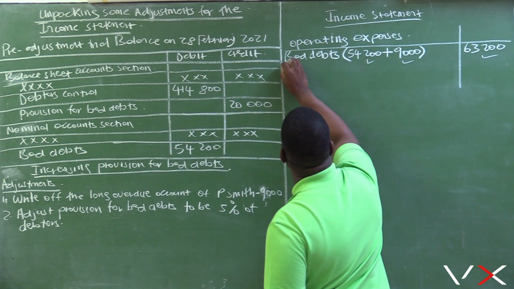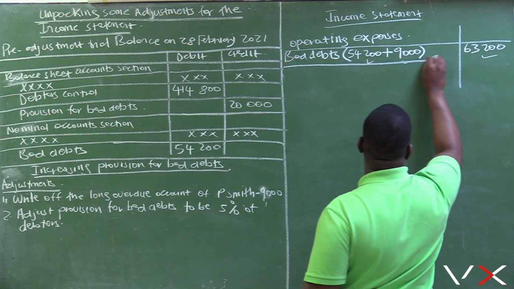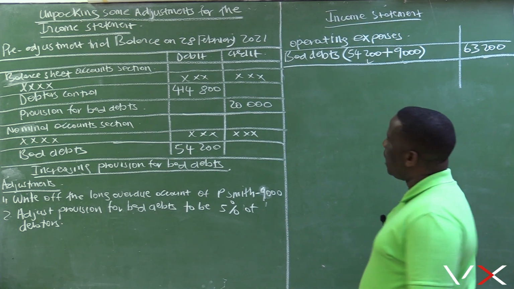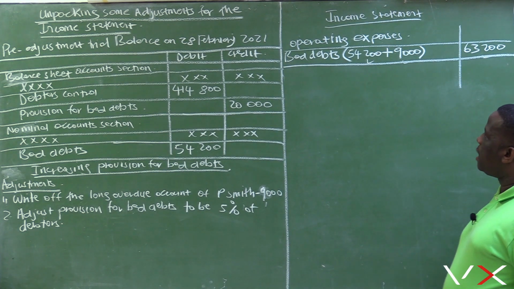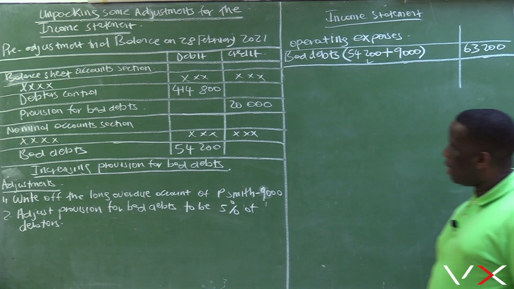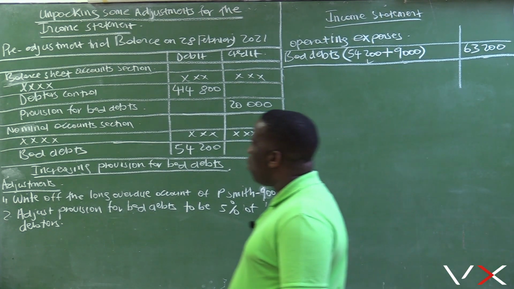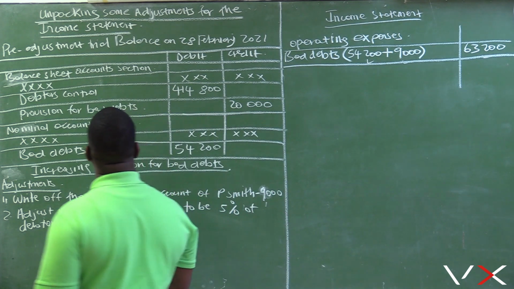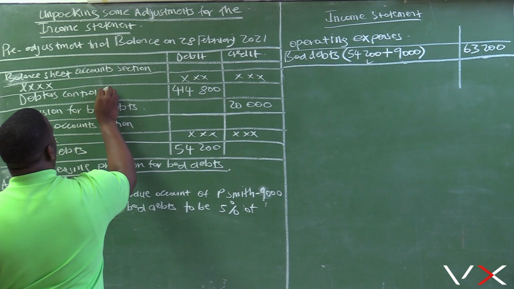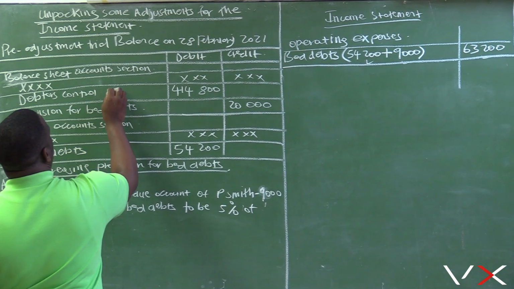When you are doing these adjustments, your bad debts, the first adjustment, will be affecting your bad debts, which will be recorded under your operating expenses. Your bad debts are increasing. But you will then have to note in your question paper that the bad debts are also affecting debtors control.